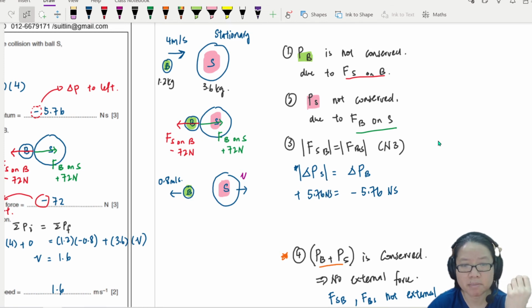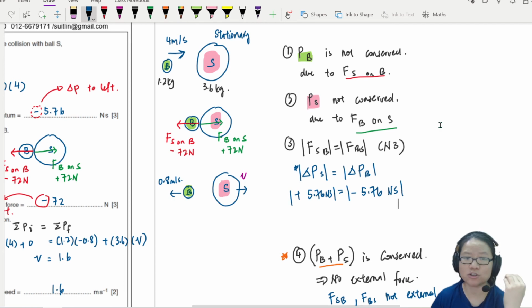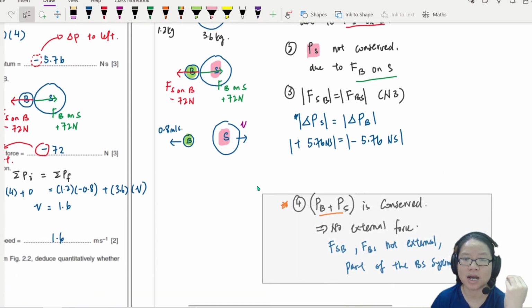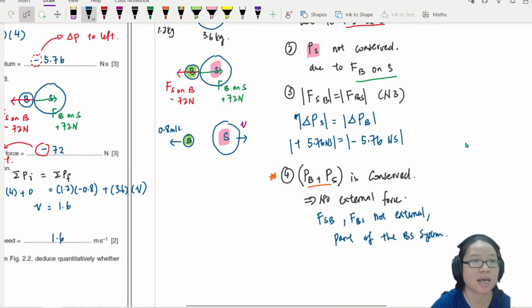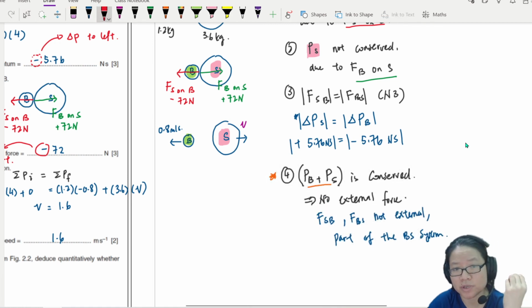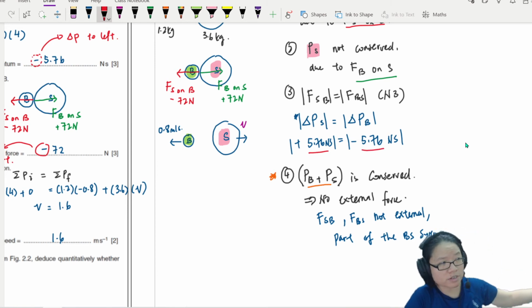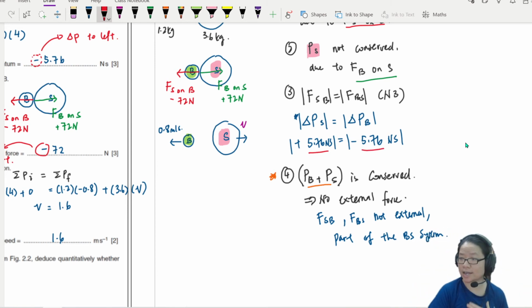They have the same magnitude because the contact time is the same. Then when you total up, is there any change? No. So if there's no change, this means directly I can say that the momentum of S and B is conserved, because you can see my change positive 5.76, my change negative 5.76.